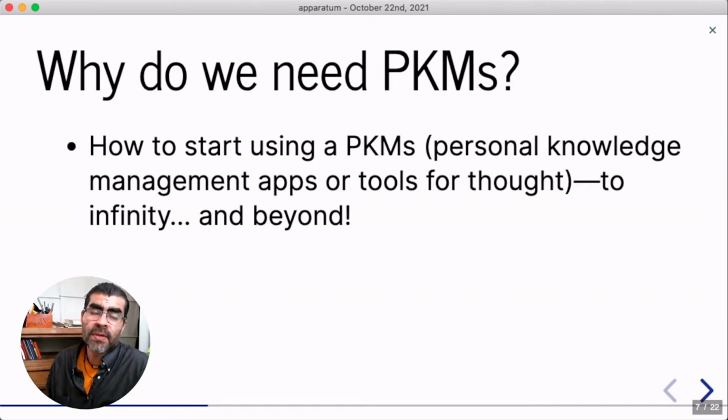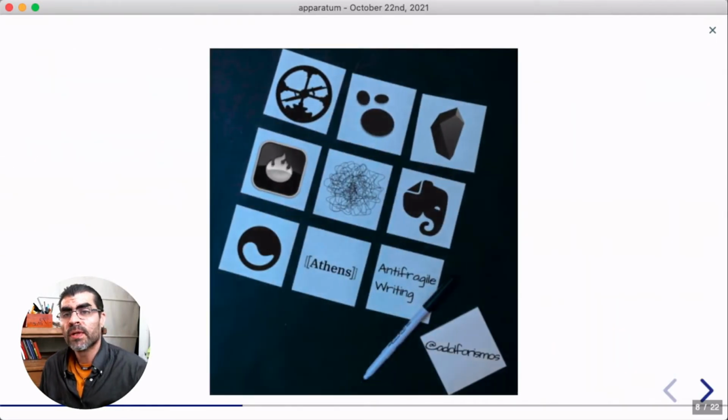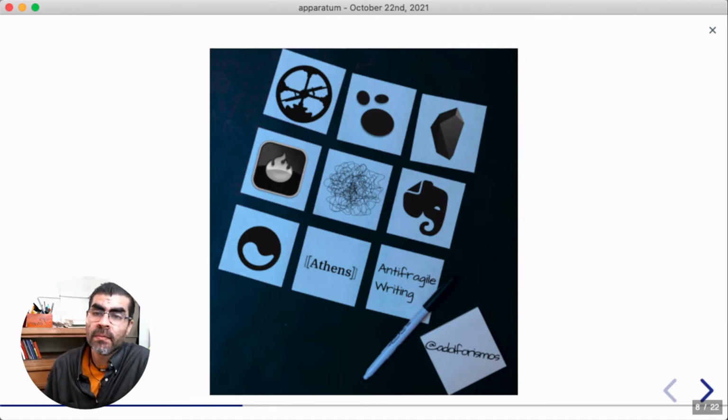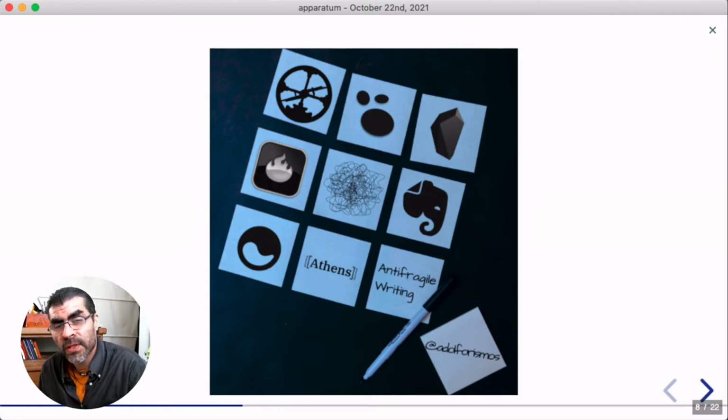Why do we need personal knowledge management apps or tools for thought, however you want to call them, like Roam Research, Logseq, Obsidian, Tinderbox, Evernote, Mem, Athens, or maybe Notion? All these kinds of apps help us to make sense of this disorder. You don't have to keep an order when you are writing, when you are free writing, or when you are free thinking, because we can make sense of all that later.